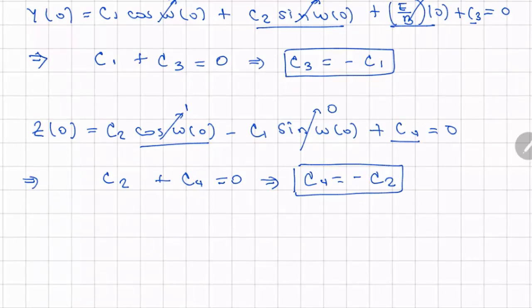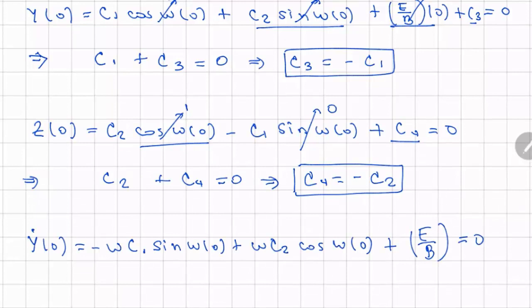Okay, guys. Now we are going to replace the initial conditions into the time derivatives of the solution. So we start with the y component. So we get the following equation. And when we get this equation, we know sine of 0 is 0, cosine of 0 is 1.